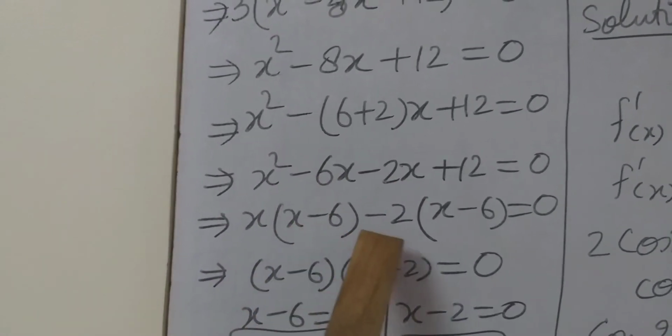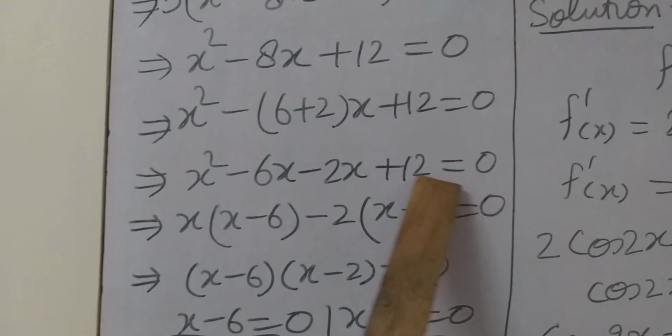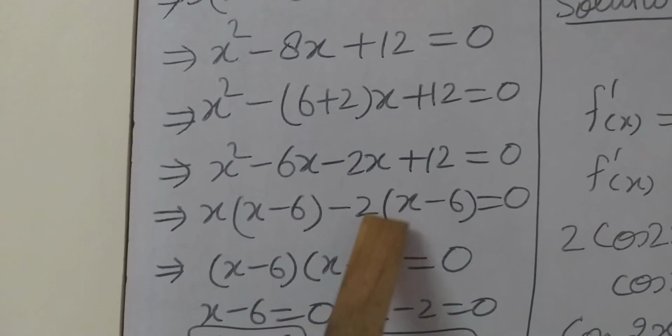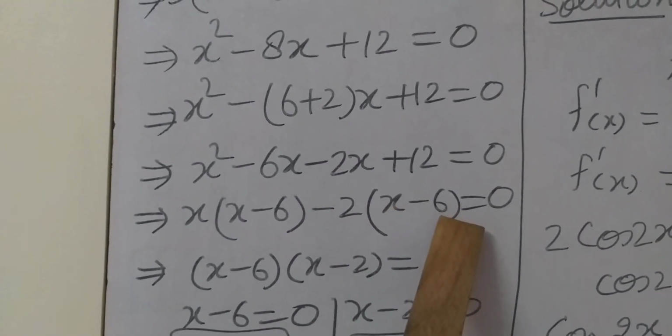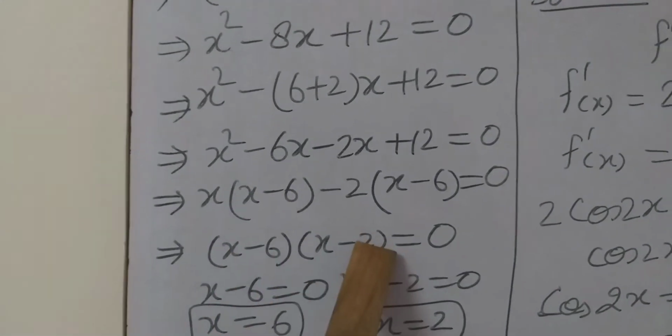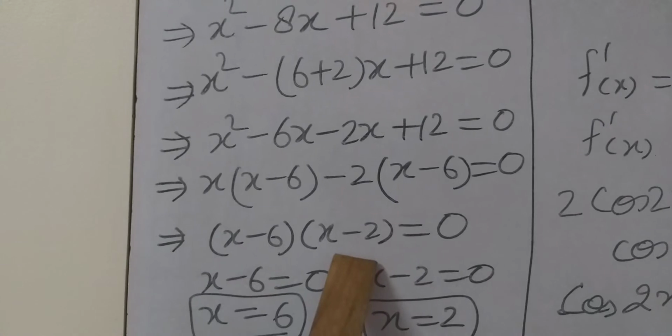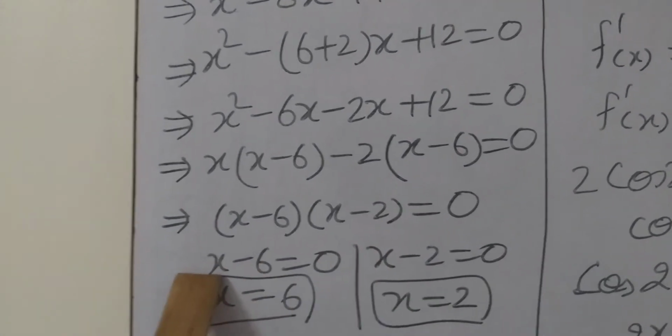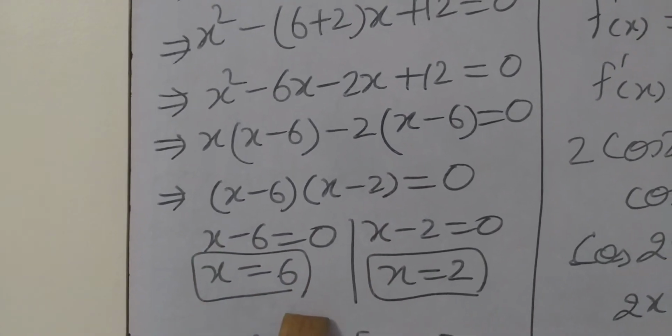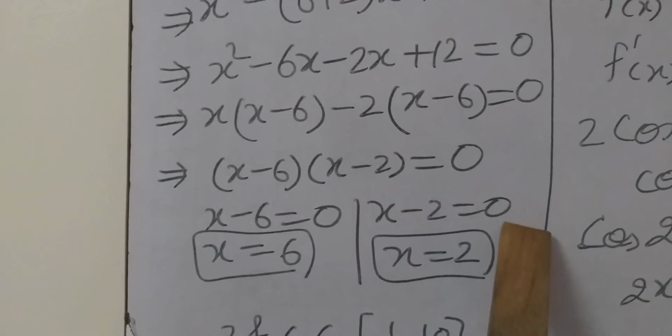What is left? x minus 6. What is common here? Minus 2. What is left? x minus 6. So (x minus 6)(x minus 2) equals 0. So x minus 6 equals 0, x equals 6. x minus 2 equals 0, x equals 2.